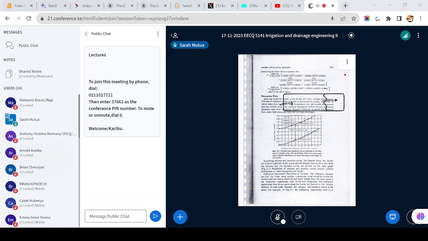For border strip irrigation systems, you have a collection system at the downstream part of the border, so you are going to have some water flowing and leaving the system. And for check basins, you do not have a collection system.